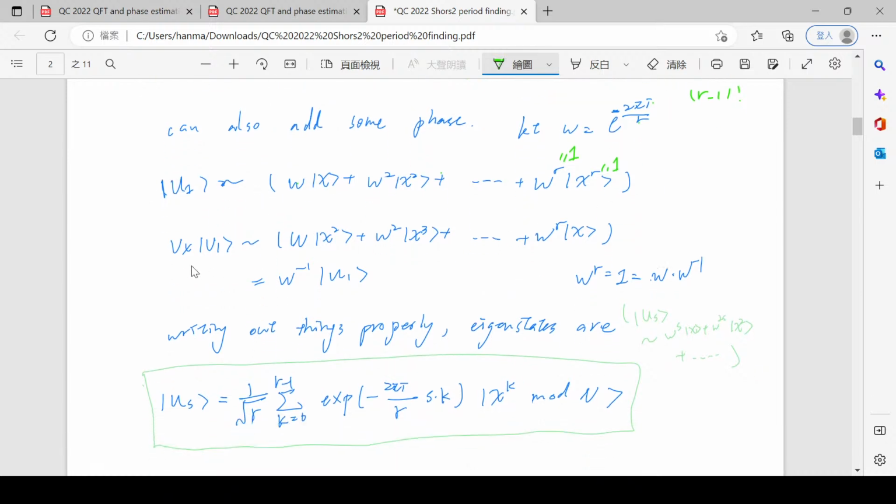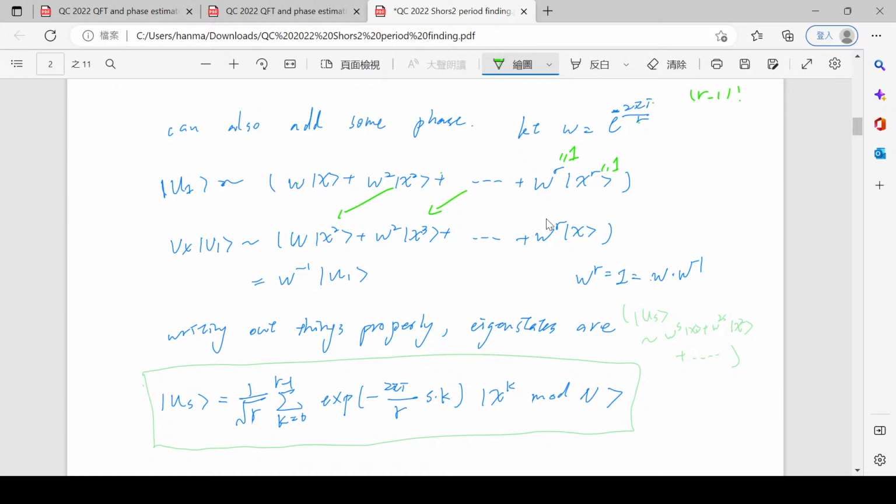And this still gets shifted around: x becomes x squared becomes x cubed, etc., and x to the r becomes x. But now you see those omegas don't match. Everything is losing a factor of omega, and that's possible because omega is a complex number.